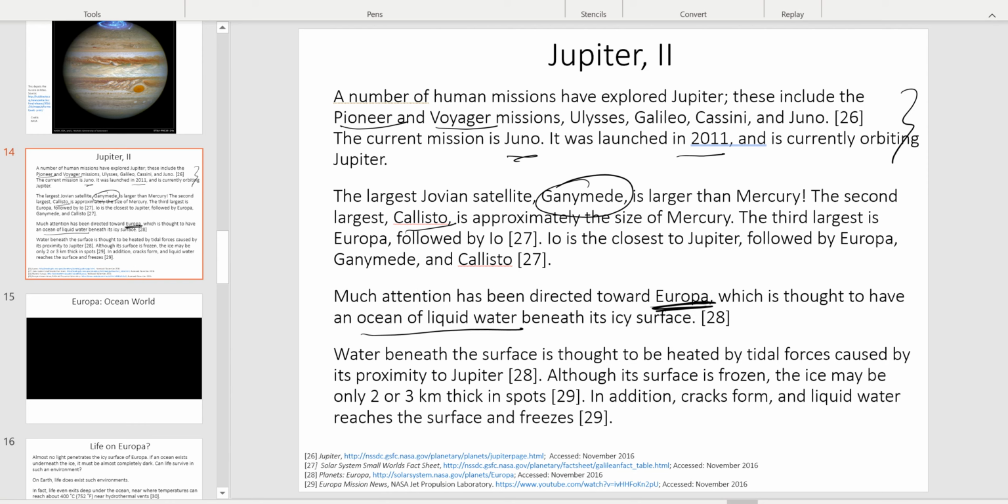And the reason why there's an ocean of liquid water is because Europa is being heated by tidal forces caused by its orbit around Jupiter. Jupiter is a much larger planet than Earth, as we talked about earlier. And as Europa orbits Jupiter, Europa actually gets squeezed and elongated. It's a little bit like one of those squeeze balls that you might squeeze to get rid of stress.